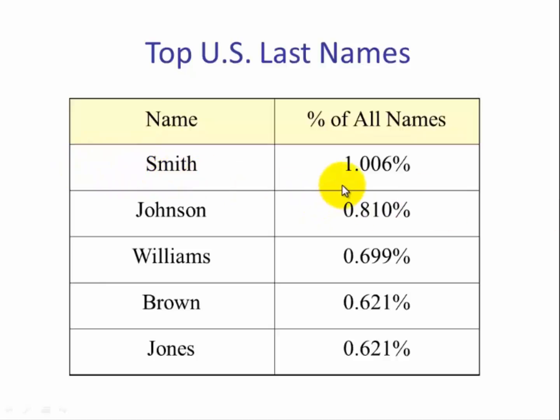Smith has a little bit more than 1% of all last names in the U.S. Johnson is next. Williams. We have Brown, which is 0.621%, and Jones, which is 0.621%. So this is an example of a relation. These are the inputs and these are the outputs.